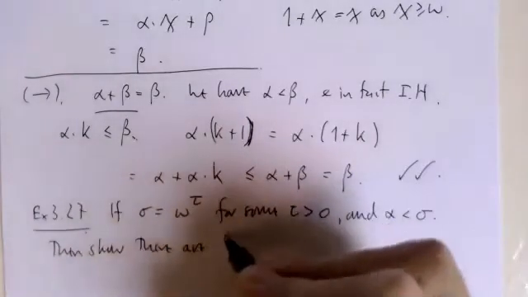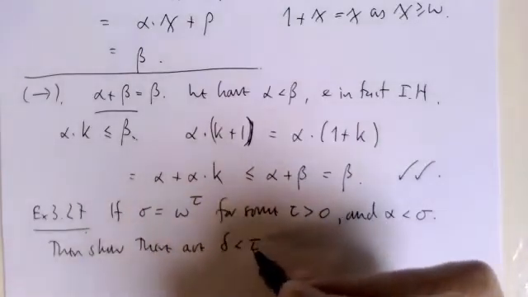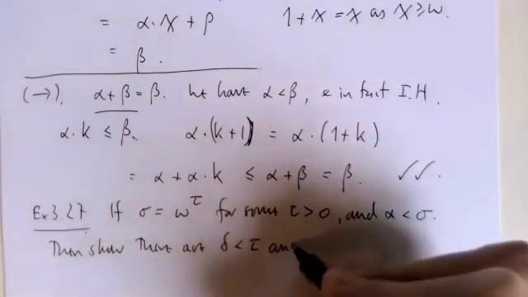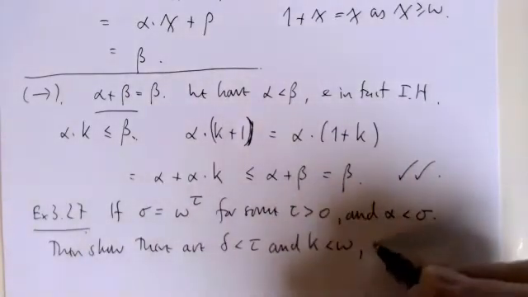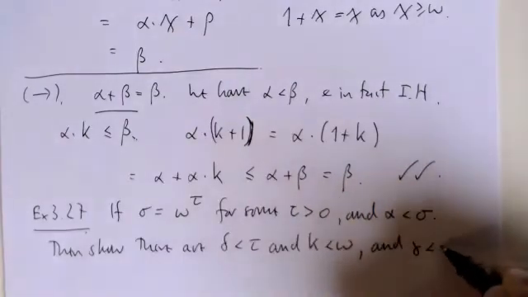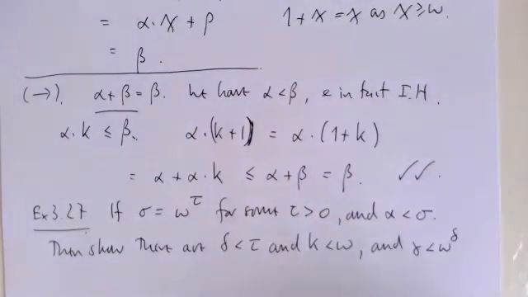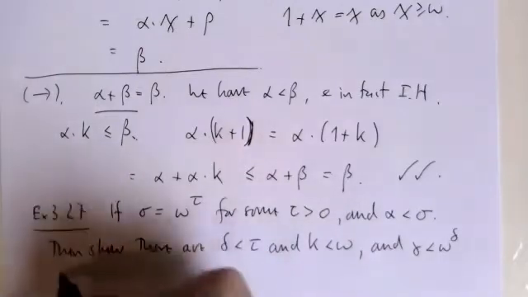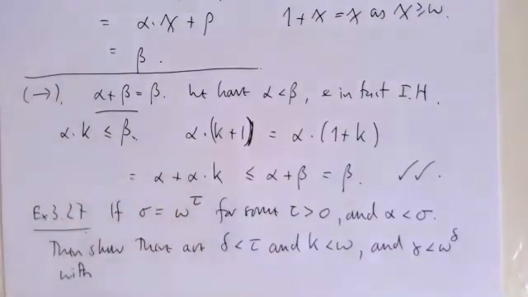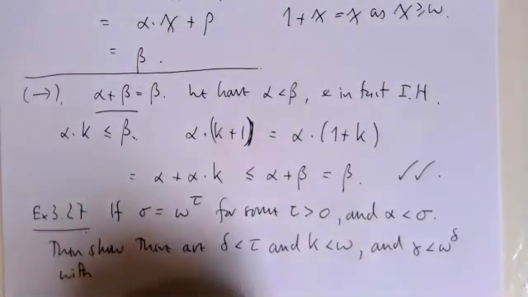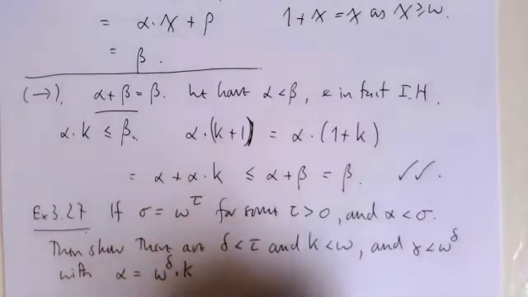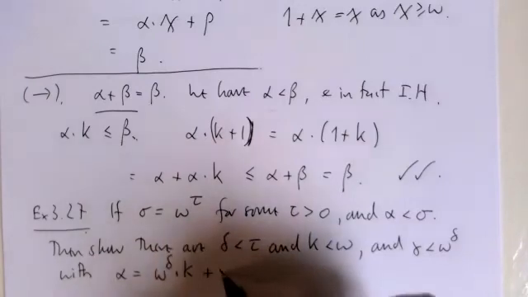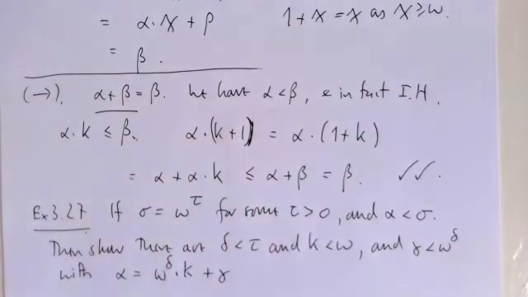So then show that there's some delta smaller than tau and a k that's less than omega, and a gamma less than omega to the power delta, with alpha being omega to the delta times k plus gamma.